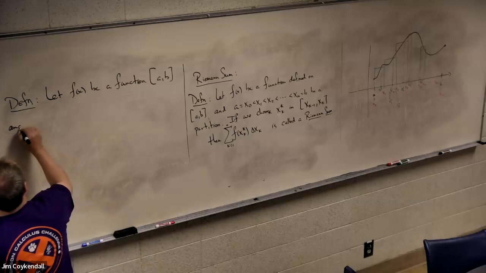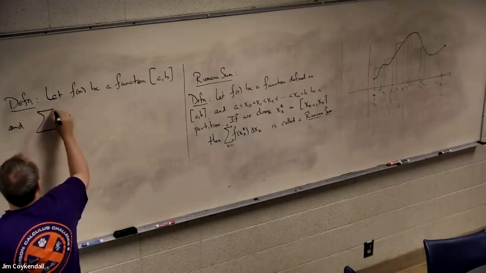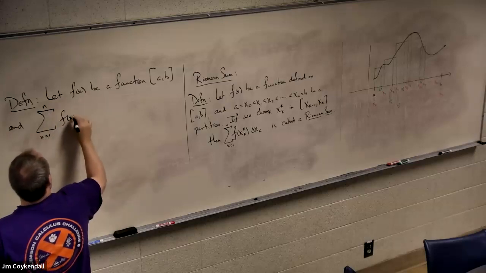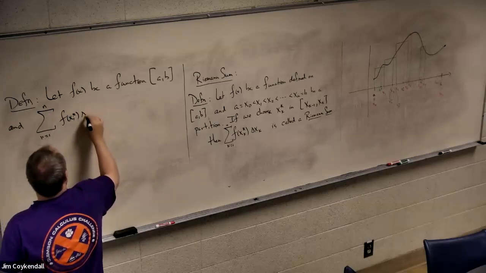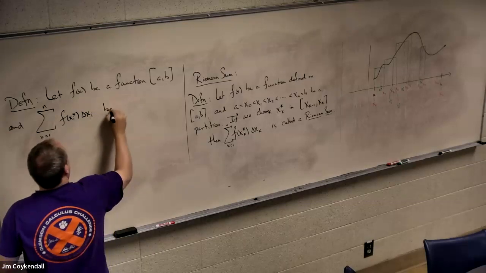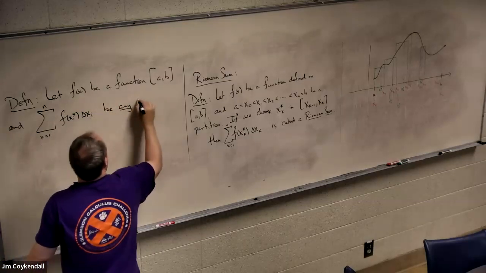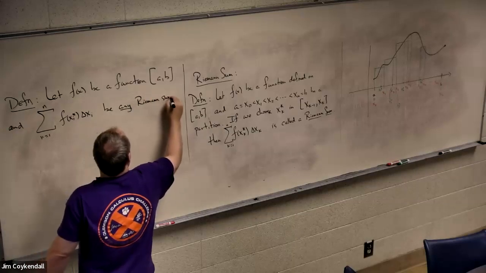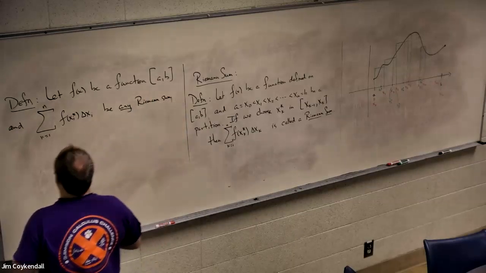And the sum of f of xi star delta xi be any Riemann sum. And what do I mean by any?